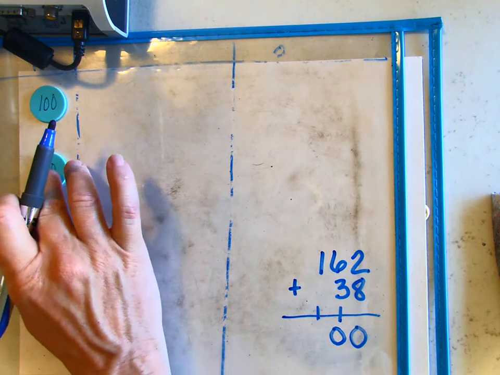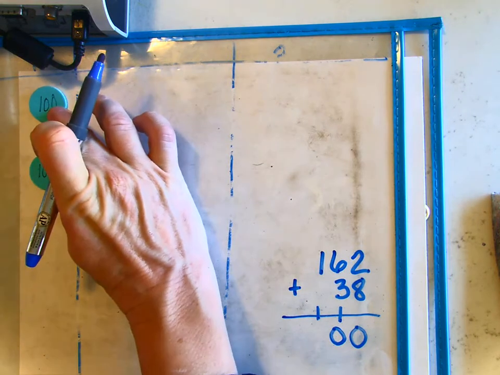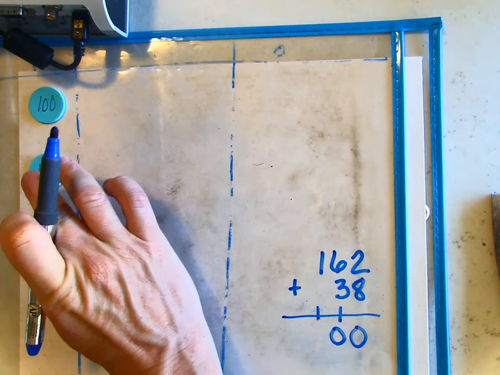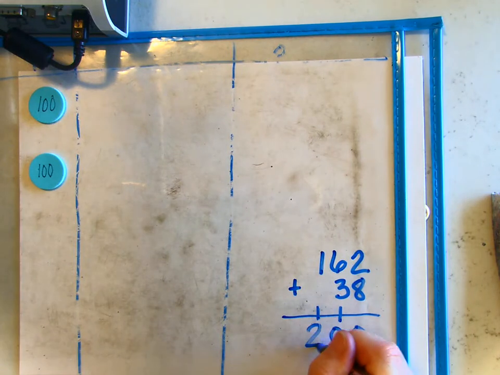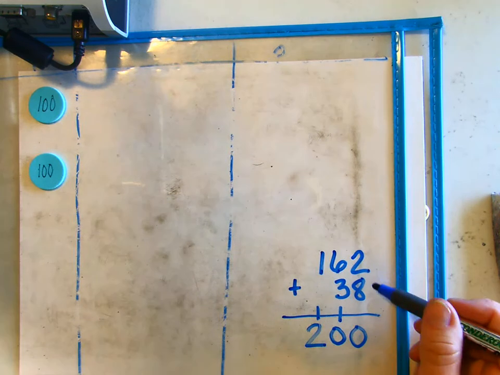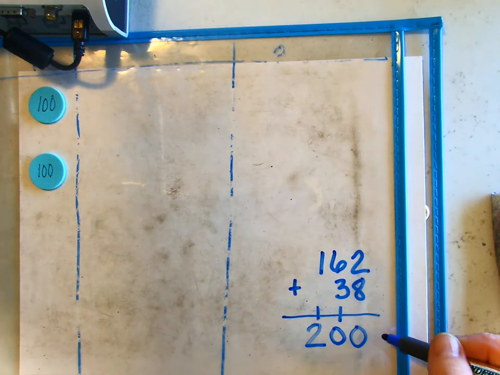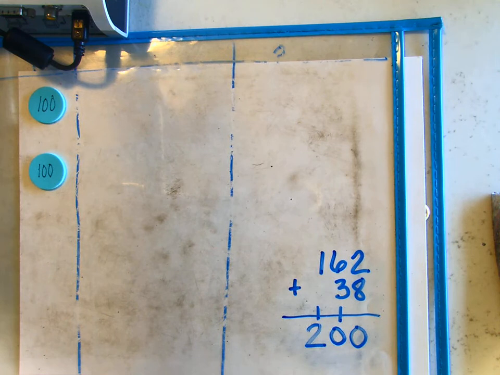I moved a 100 over, and I already had 1. So we have 100 and 100. That is 2 hundreds. So 162 plus 38 equals 200.